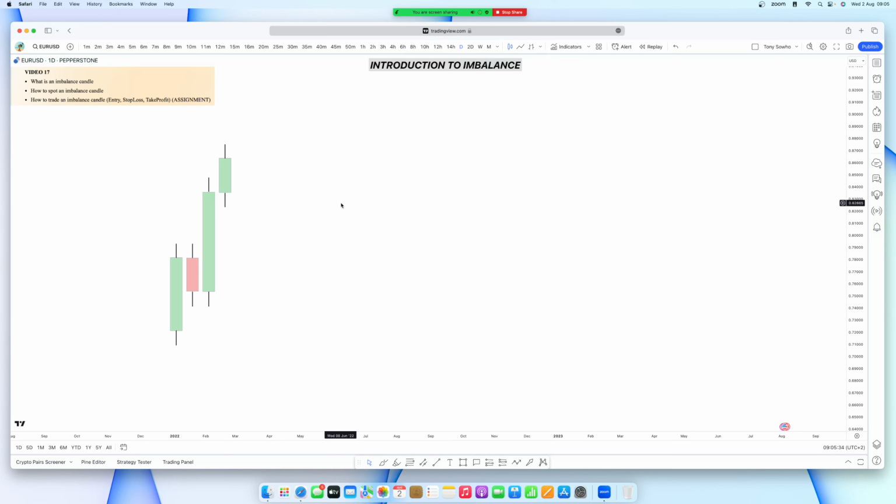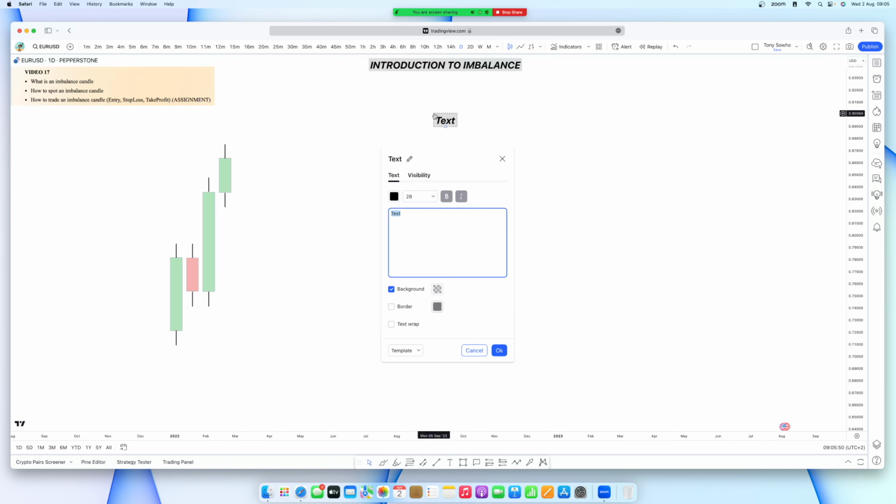So how is an imbalance created? As a result of heavy orders being placed in one direction. Now, how do you spot an imbalance? The first thing you need to know is that an imbalance consists of 3 candles.